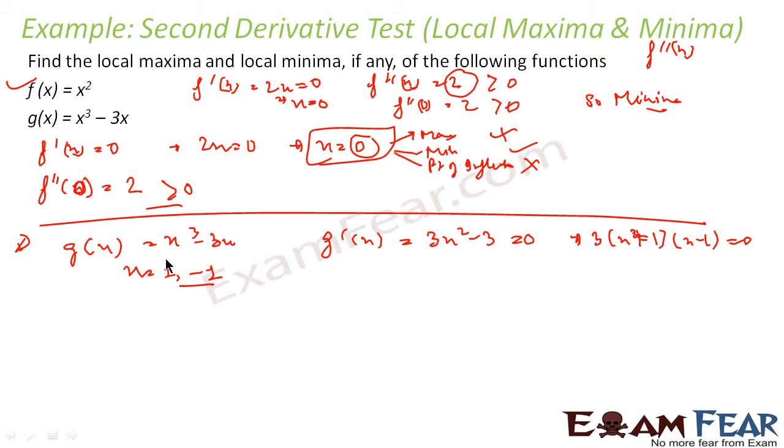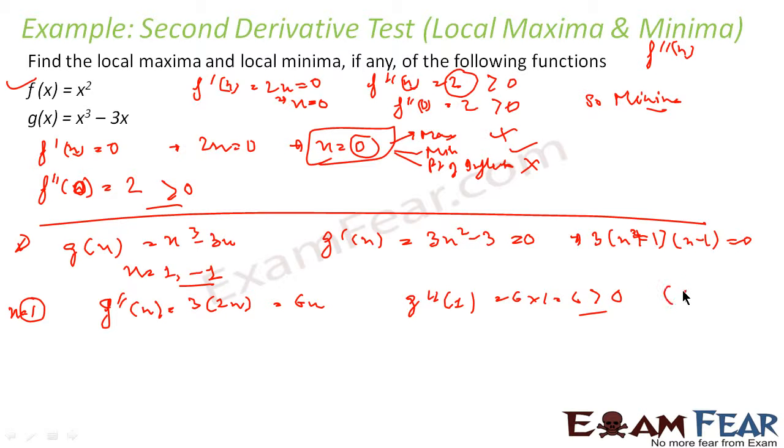Now I have to find whether at these points the function is maxima or minima. So I'll take x equal to 1 first. Let me find g double dash x first. g double dash is nothing but 3 into x square becomes 2x, 3 becomes 0, that is 6x. So g double dash of 1 will be 6 into 1, that is 6, and that is greater than 0.